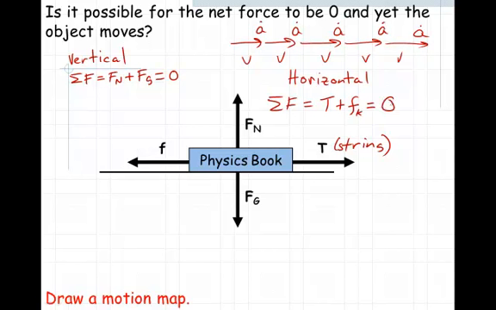And because we considered to the right as being positive, our kinetic frictional force is our negative value. So this is an example of where the object can still move, in this case to the right with constant velocity, and yet the net force, the force of tension plus the kinetic frictional force, is equal to 0.